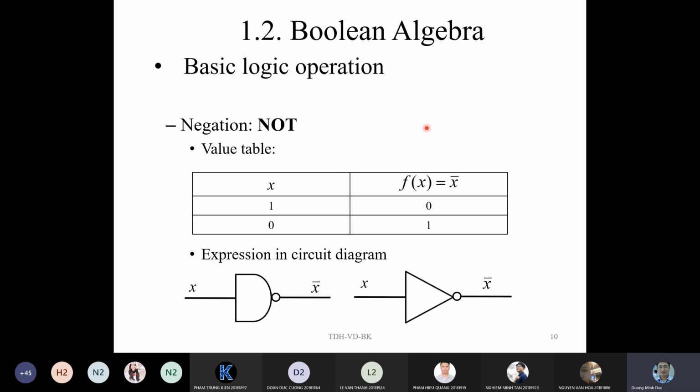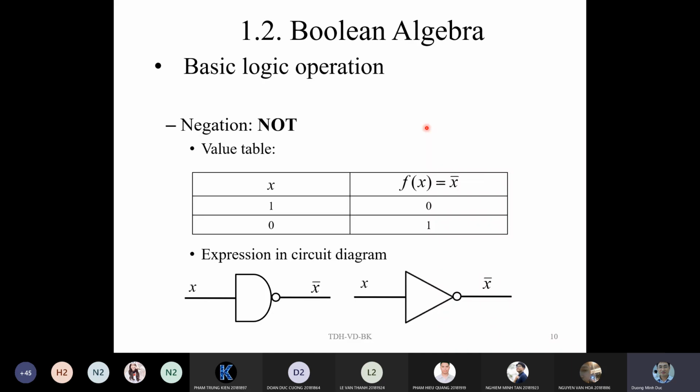We will define some basic logic operations, and from these basic operations we can expand to create more complicated relations, which we call complicated logical functions. Actually there are only three basic logic operations.